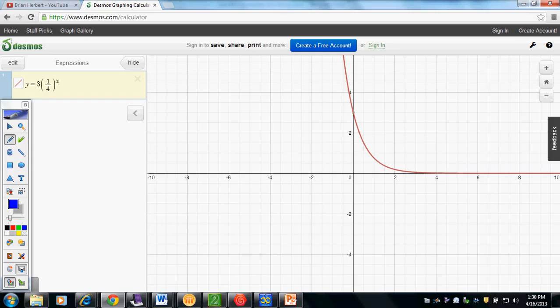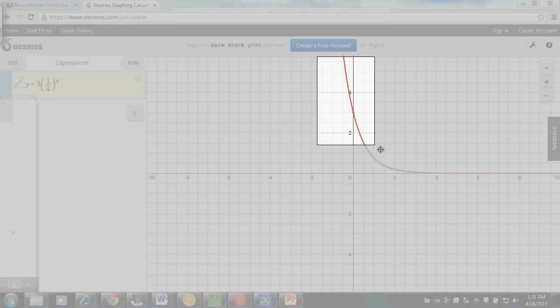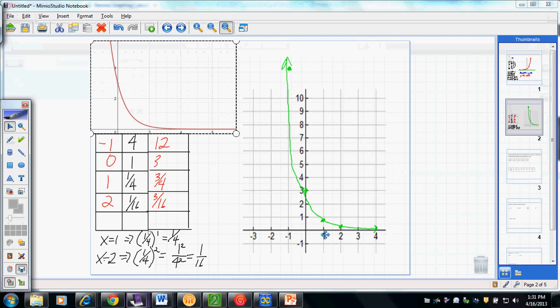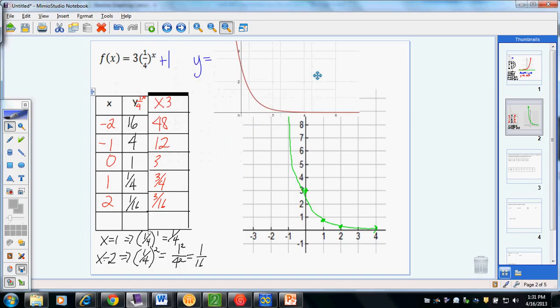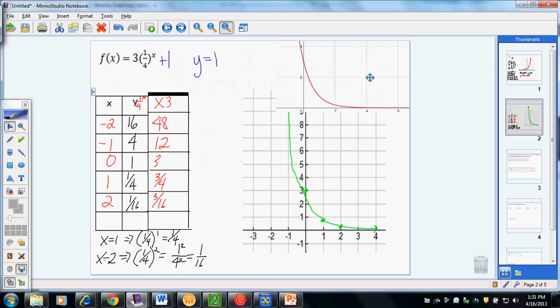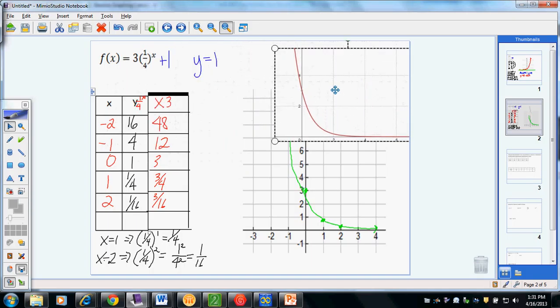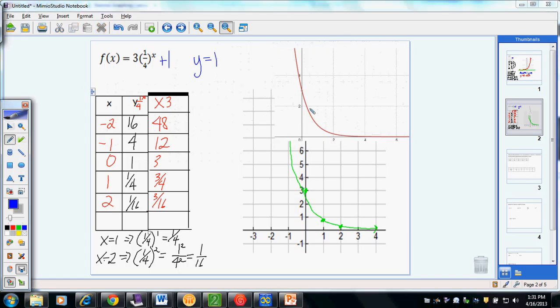If we come back here and look at this, this is our graph, and of course if we were just to move our graph next to the one that we're looking at right here, it looks very similar. Our y-intercept is at 0, 3, and our asymptote gets closer and closer to the x-axis.